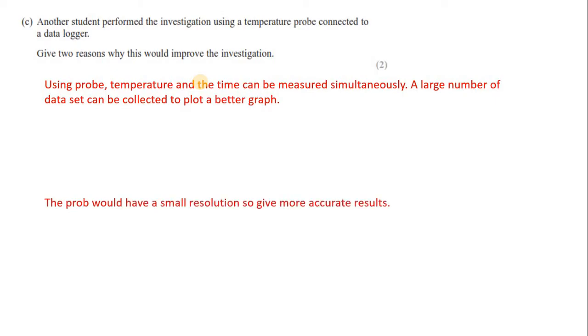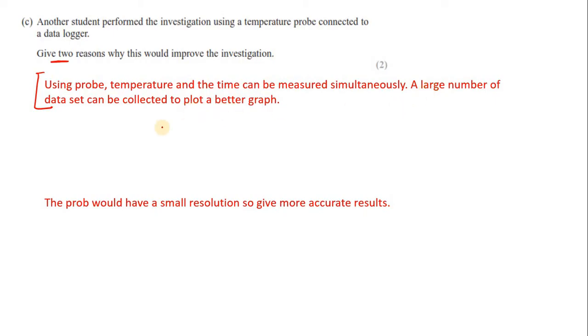You also can say that yes, the probe will have a small resolution, so it gives a more accurate result. This is just an additional point I'm giving you, because they are saying 2 reasons, and we have already written 2 reasons in this answer. But sometimes they ask a question where they say the main advantage of the probe is we can measure time and temperature simultaneously, write other 2 reasons.